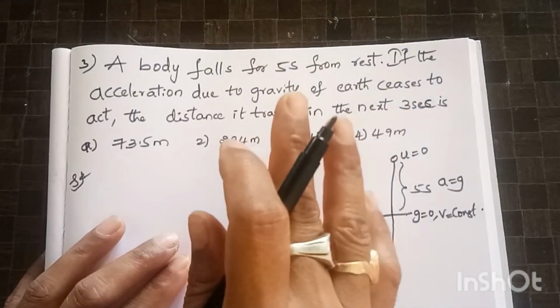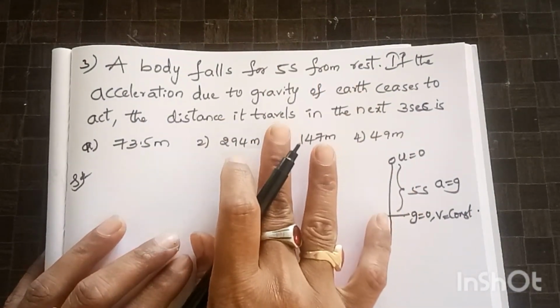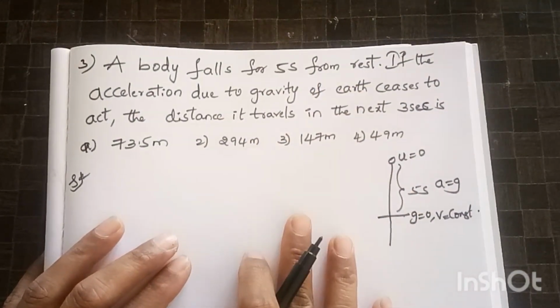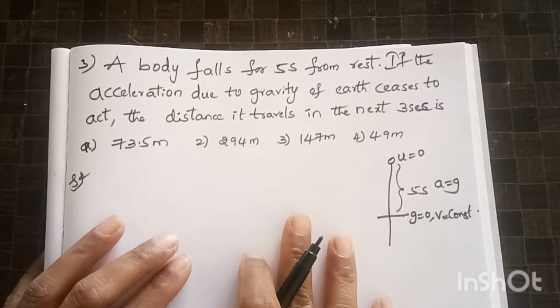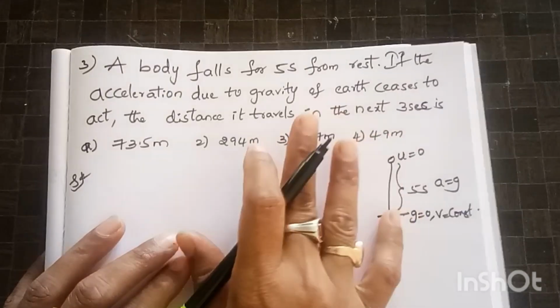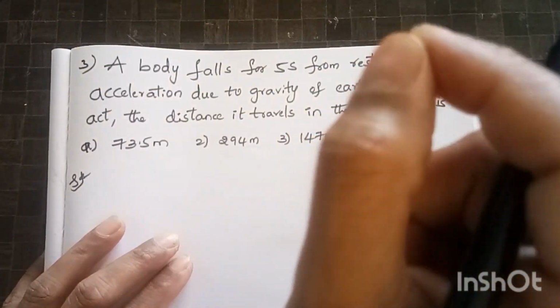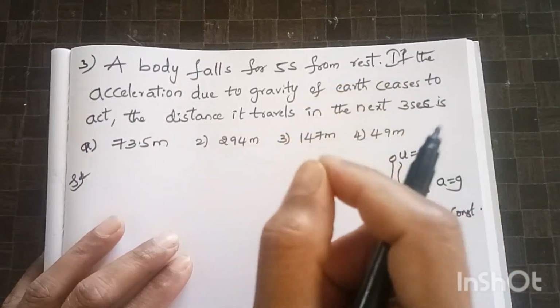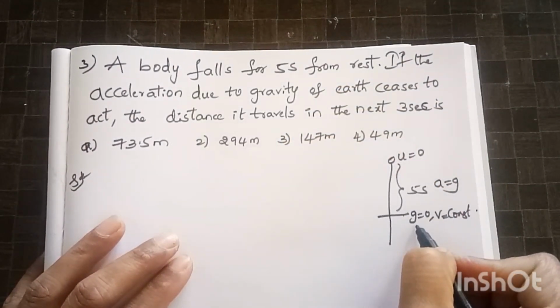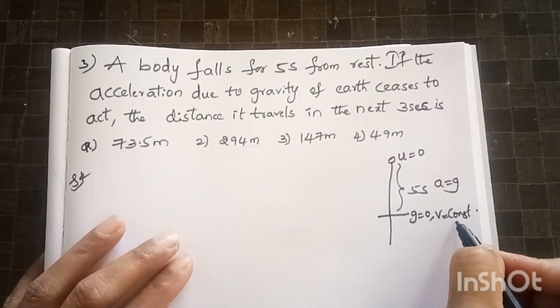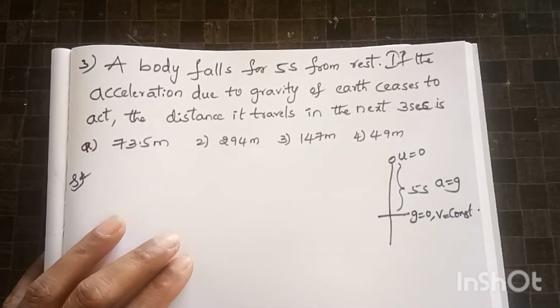I explained a topic similar to this problem. If anyone has not watched that video, please go and watch it. If you watch that video, you can easily solve this problem. When gravity ceases to act, at that point g will be 0 and the velocity will become constant.